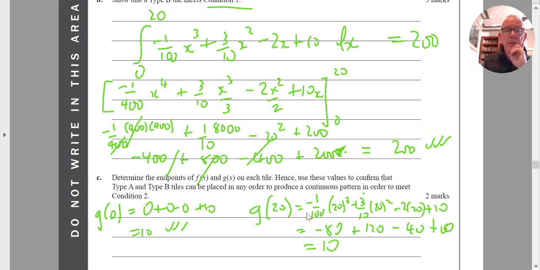So, okay, G of 0 equals 10, G of 20 equals 10. So, since G of 0 equals G of 20, and it equals, what are we joining up with? F of 0, and it's equal to F of 20. Therefore, condition 2 fits.